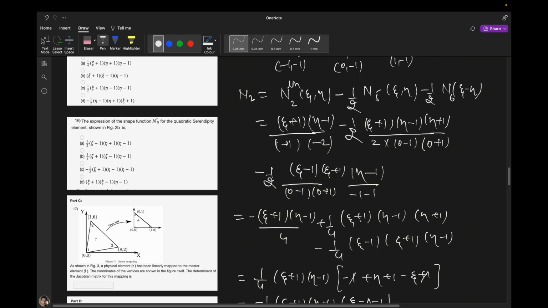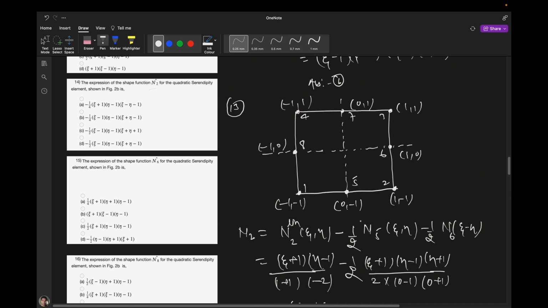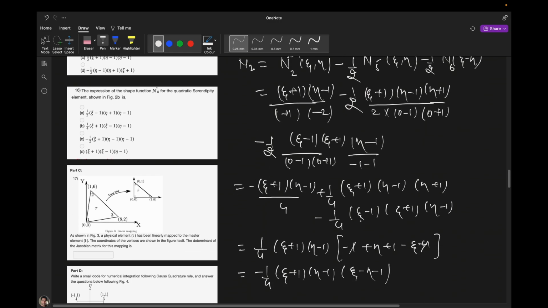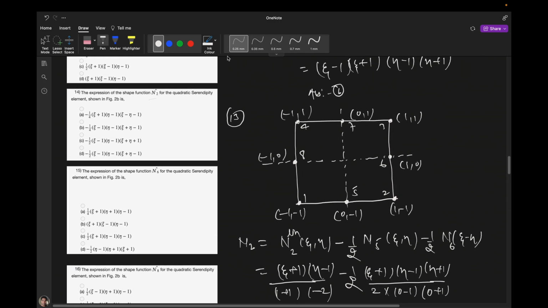So what will be the correct answer? So N2. So here A will be the correct answer.